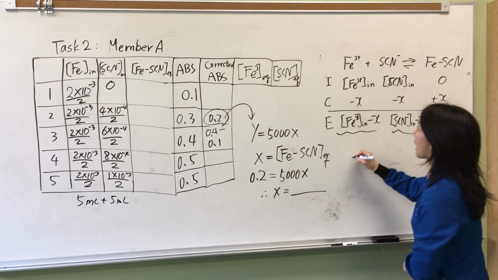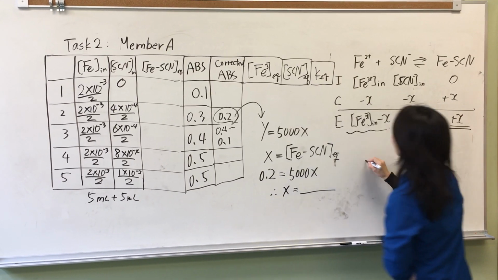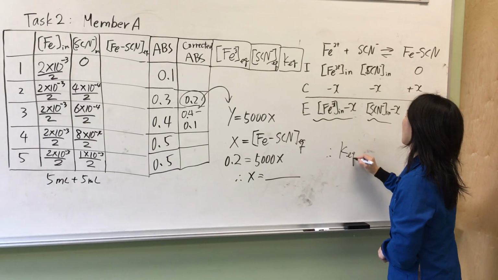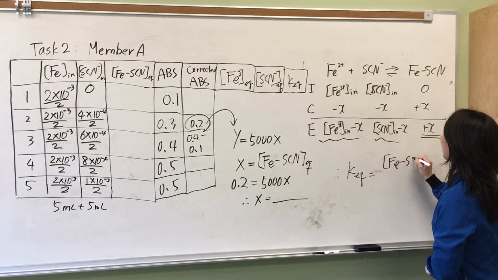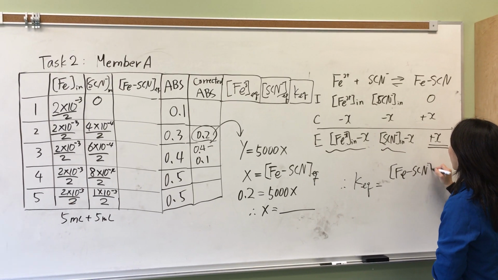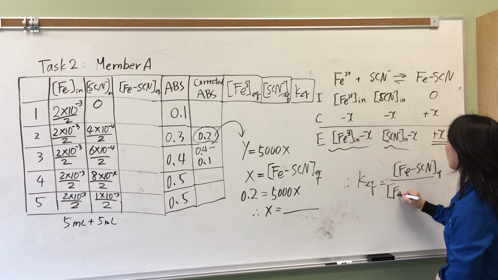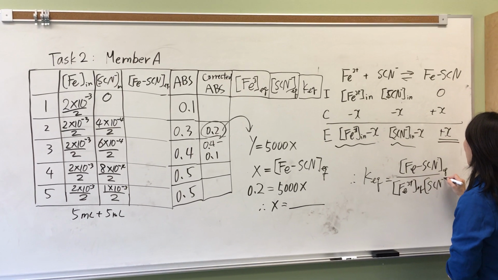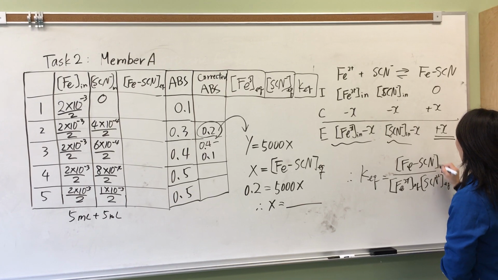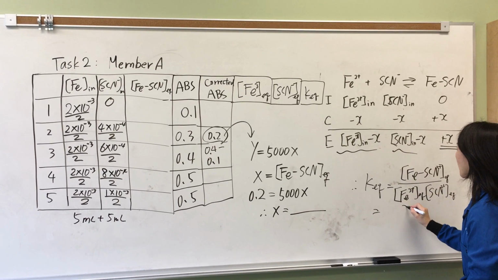Okay, and then at the end, you have to calculate the Keq. So what's the Keq? It is the product at equilibrium over iron and thiocyanate. So this one is going to be x.